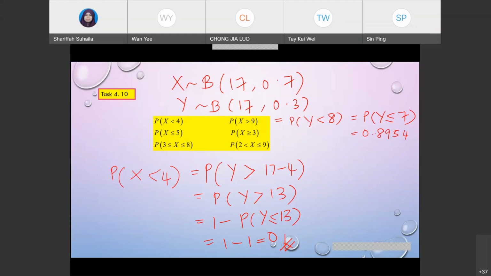Okay, you try x less than equals to 5 and x greater than or equals to 3.